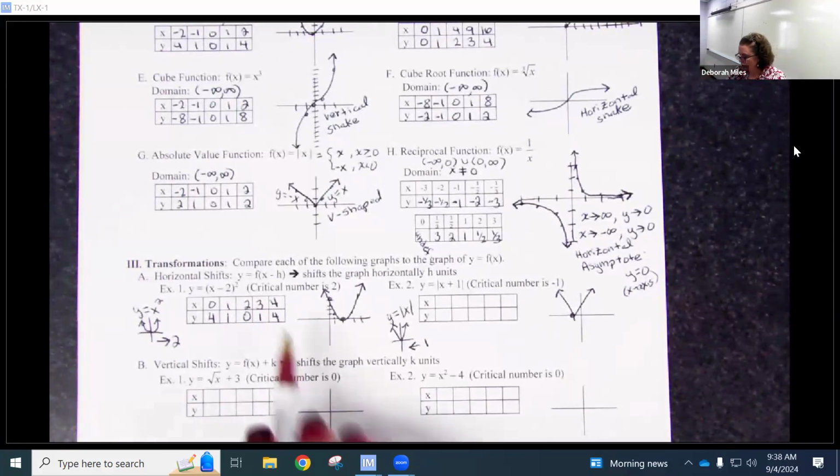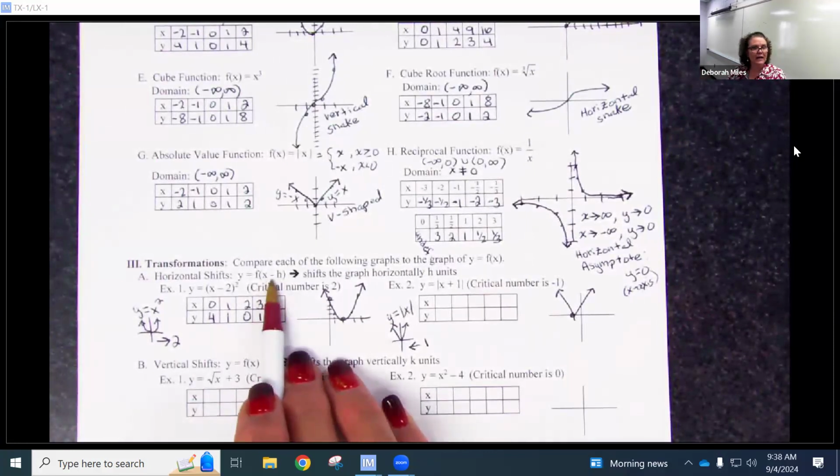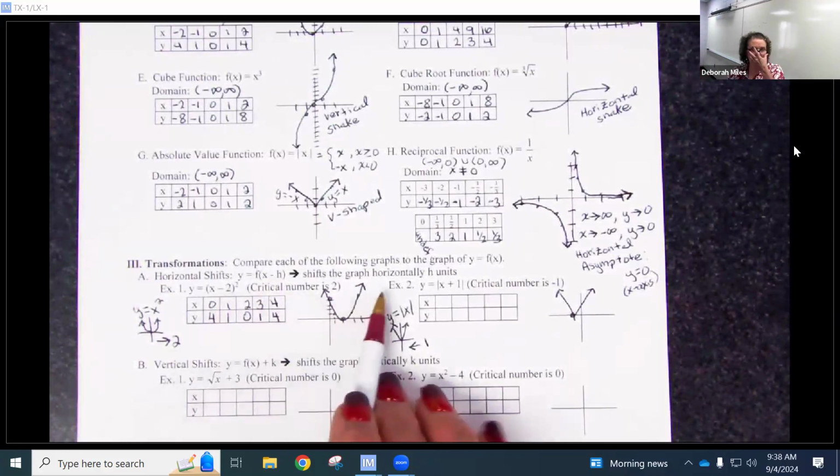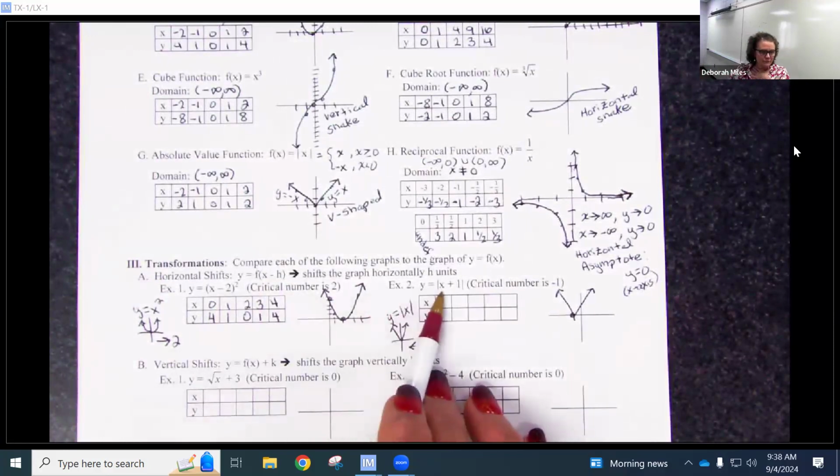So horizontal shift is what's added or subtracted before you apply the function. That's inside the parentheses or inside the absolute value or under the radical, whatever the function is. Vertical shifts are achieved by adding or subtracting something after the function is applied.